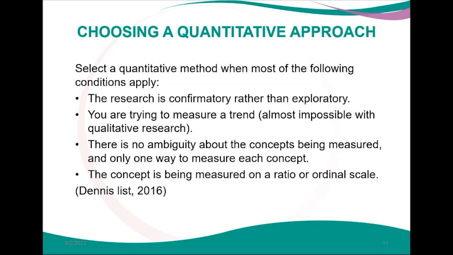So when do we choose a quantitative approach? As a researcher, you need to make up your mind which method you are going to use in your study. So these are some guidelines that will help you to decide on the research method that you would want to choose.